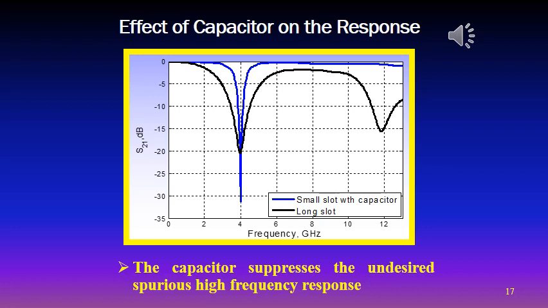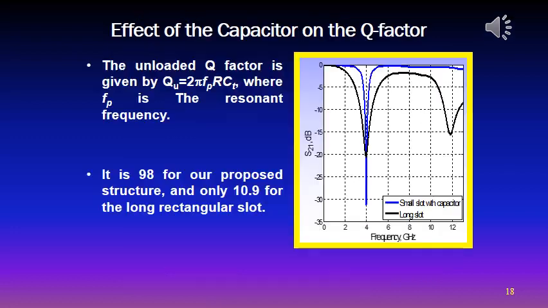The capacitor not only reduces the size but also improves the quality factor of the resonator. The unloaded quality factor has been improved from 10.9 to 98. This is due to the reduction of the slot length and hence the radiation loss.